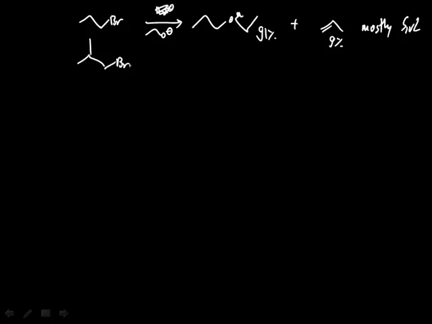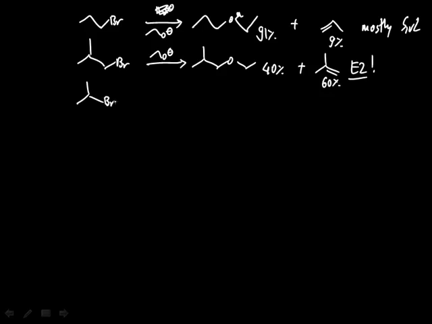Now, if we have primary substrates which are branched, we will still get some substitution, but now it will be a minor product, while our major product will be E2 reaction, 60% yield.